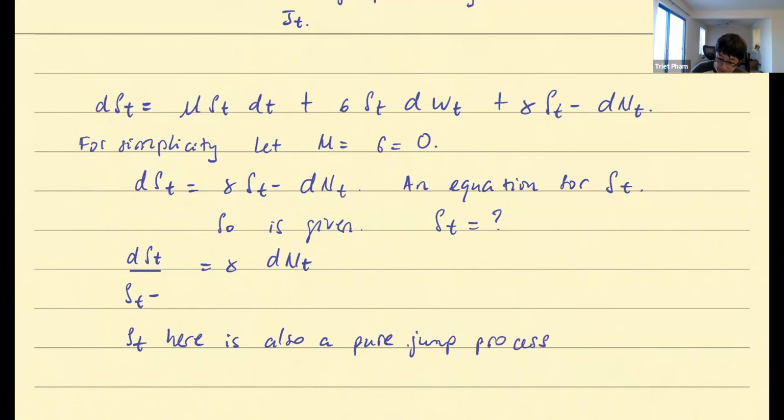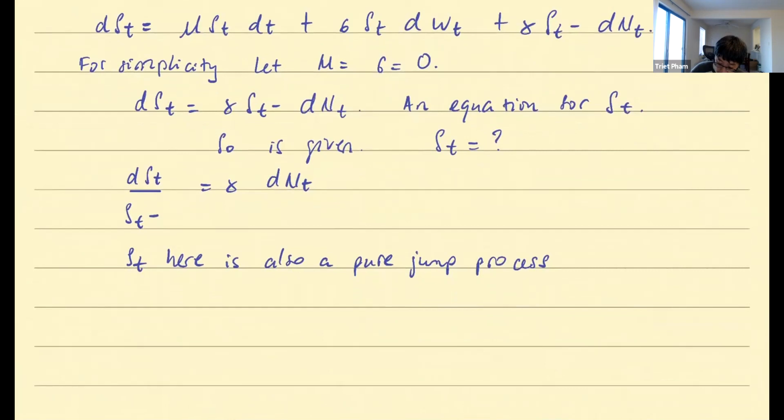Is that okay? It's a very simple observation, but it's super important. So I hope you understand that. In other words, here S_t cannot do anything besides jumping.